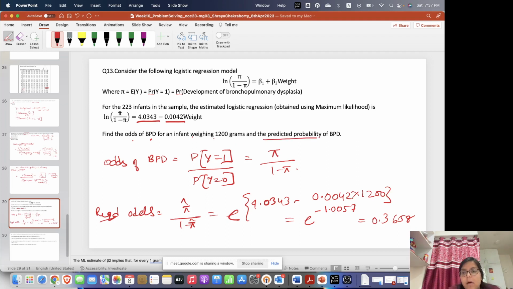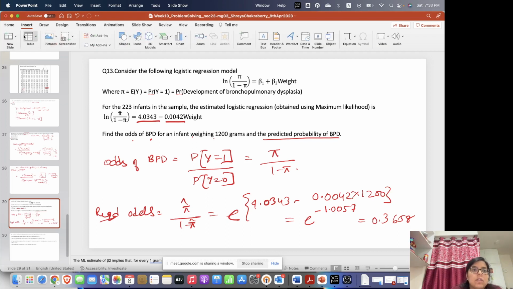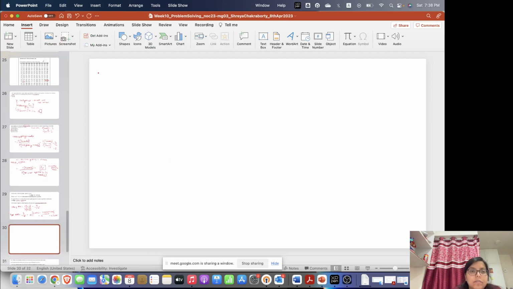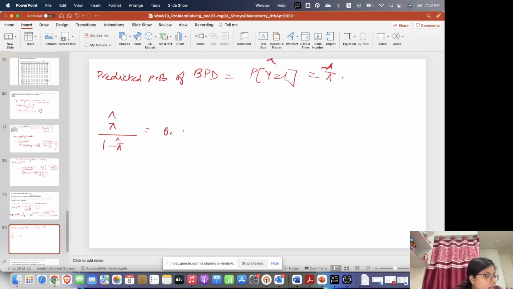And then the predicted probability of BPD. What is the predicted probability? We have to find pi hat, because that is equal to the probability y equals 1. So the predicted probability of developing this disorder is pi hat. We know the odds we got as 0.3658.